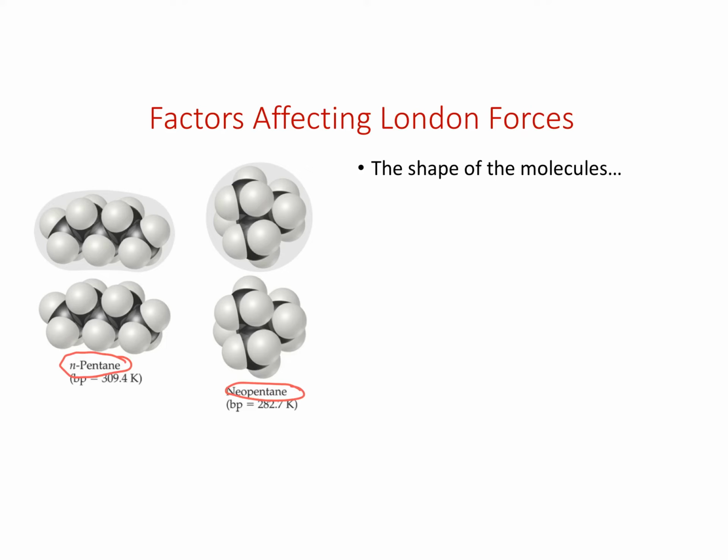Pentane is a 5 carbon molecule, C5H12. Neopentane has the same formula, C5H12. So same number of carbons, same number of hydrogens, same molecular weight, and yet N-pentane has a larger boiling point than neopentane. Both molecules contain nothing but carbon and hydrogen, so both only have London dispersion forces.